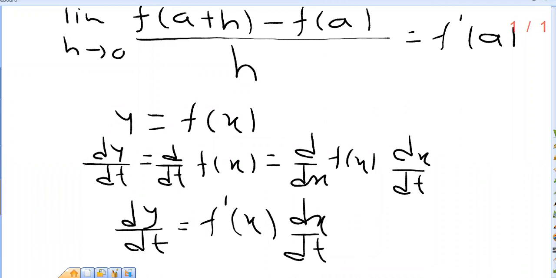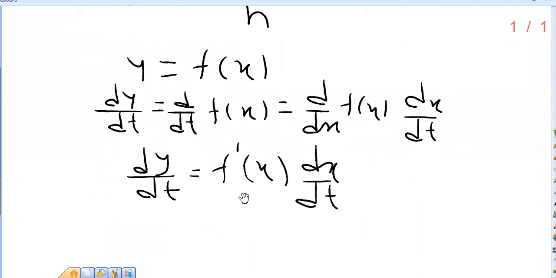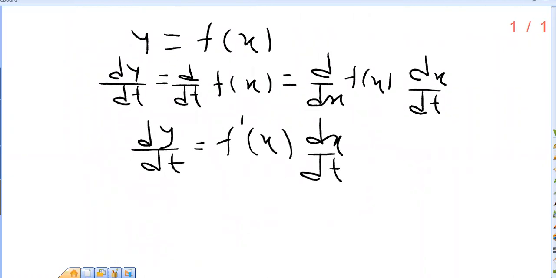Now you will ask me, sir, when to use this. I'll give an example. We know that area of a circle is a function of radius. Suppose there is an increase in the radius of circle. As a result, the area of the circle will also increase. So here we differentiate both sides with respect to t. Now don't say that sir, A is constant, so its derivative will be 0.